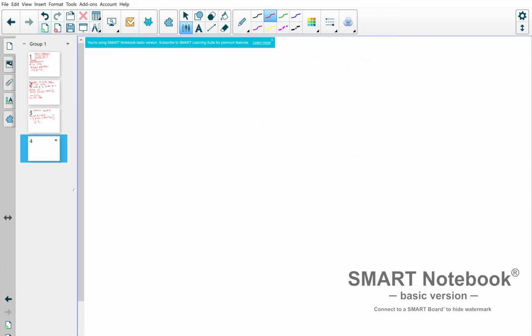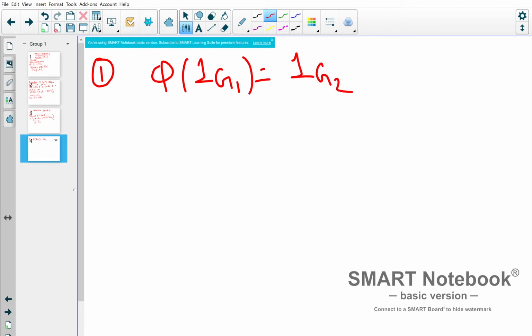Property number one of homomorphism, we can easily check that the image of the identity of G1 is exactly the identity in G2. This is obvious. How to prove it?